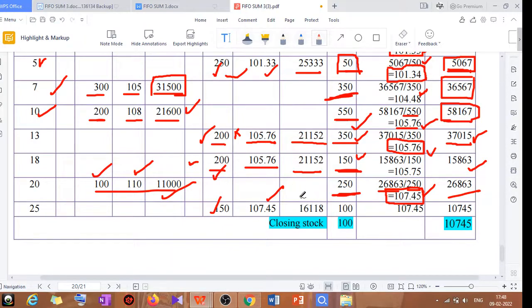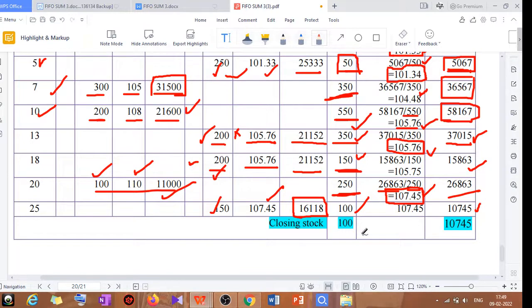So after making the approximation, please write the amount, that is 16,118. Okay. Now whatever the balance, 250 minus 150, it will be 100. Okay. Then what about the amount? 26,863 minus 16,118. So it will be 10,745.